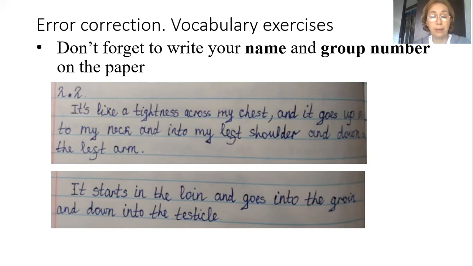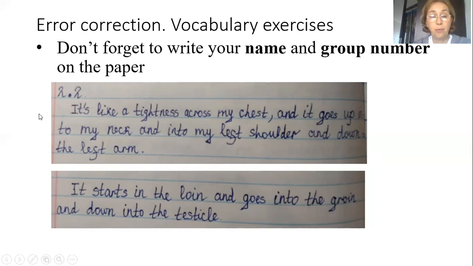Don't forget to write your name at the top of the page and the group number, because on the Moodle site I have just the list of 70 students, and I don't remember which group you are, and you should write your group number so I can easily find your group and your name in my journal.